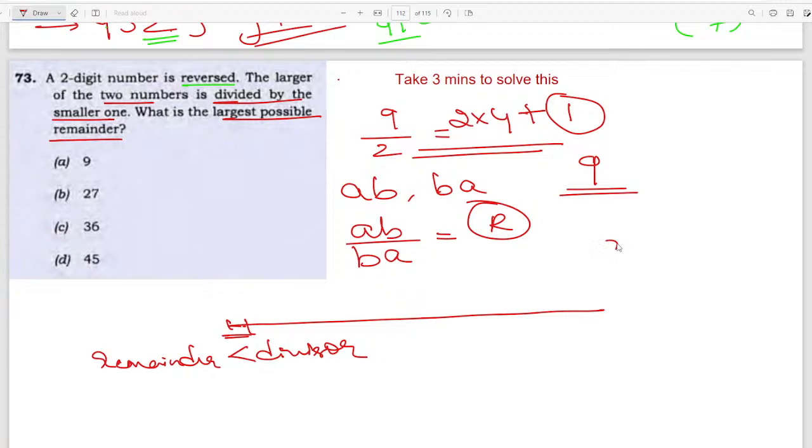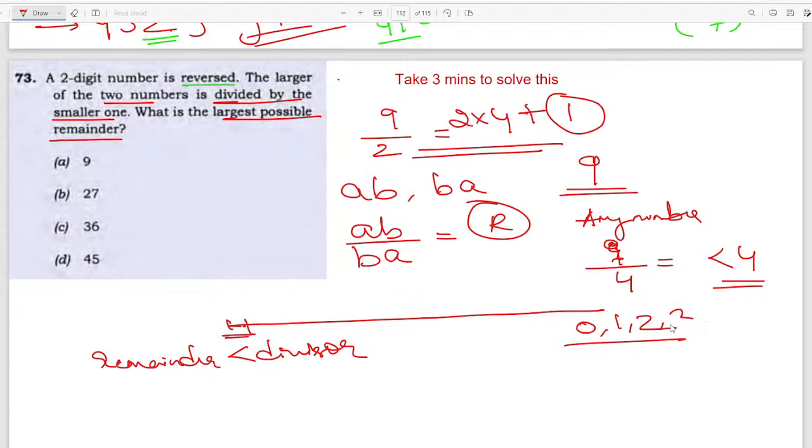For example, any number divided by 4, the remainder that you will get is always less than 4. It cannot be equal to 4 or greater than 4. So the remainders will be 0, 1, 2, and 3.